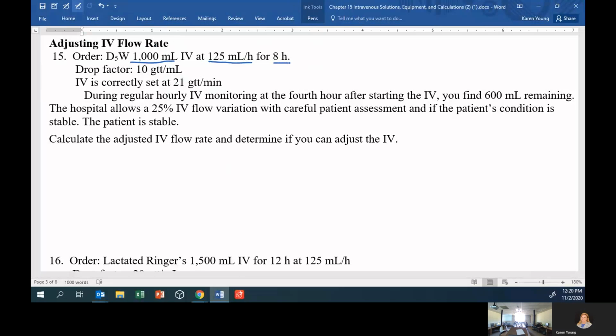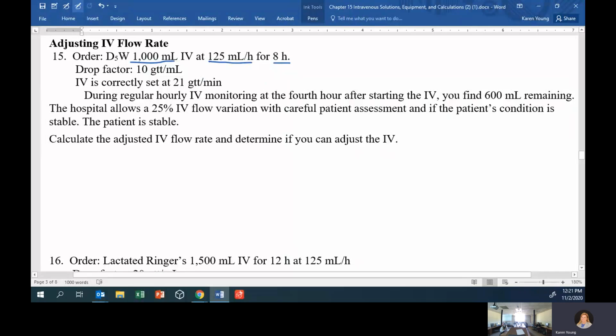I apologize. 1,000 milliliters is going to infuse over 8 hours. We're using the gravity flow, and it gave me a drop factor of 10 drops per milliliter. And it says the IV is correctly set at 21 drops per minute.